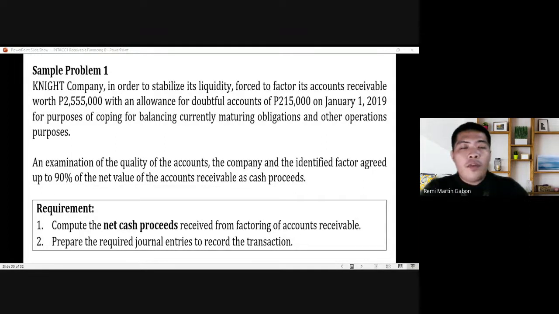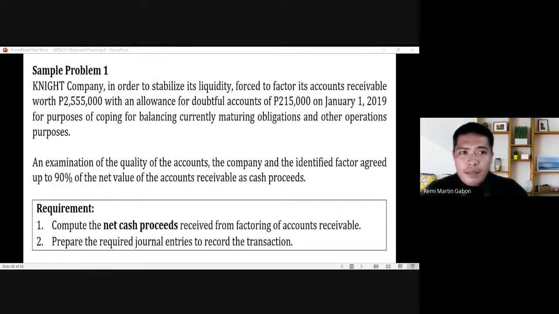Usually for factoring, the accounts receivable accepted for a factoring transaction are the good accounts receivable, meaning those that have high collectibility rates or probability of collections. Not just possibility, but probability of collections.